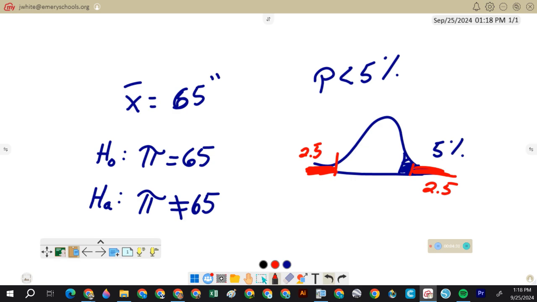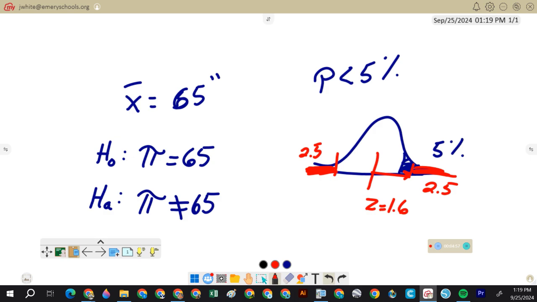Most tests are probably two-tailed tests. They're a little bit more complicated, which is why we don't start with them. They don't make as much sense to begin with. And it is harder to reject the null hypothesis in a two-tailed test because the z-score is bigger. In a one-tailed test, you only have to go out to about z equals 1.6.